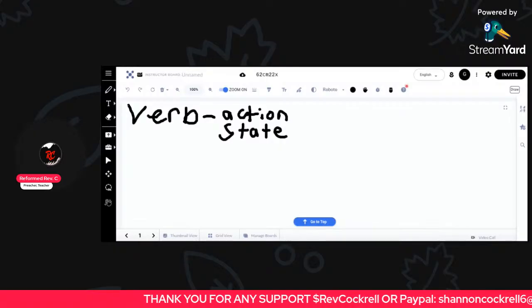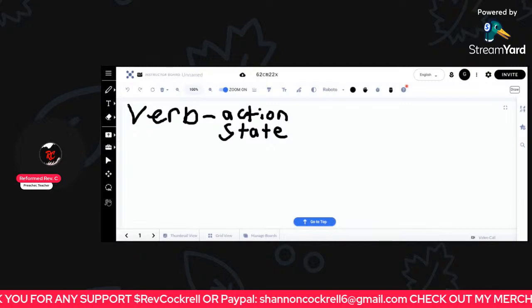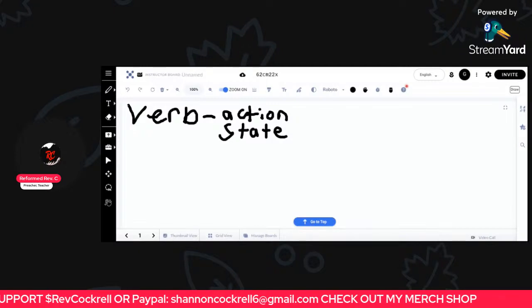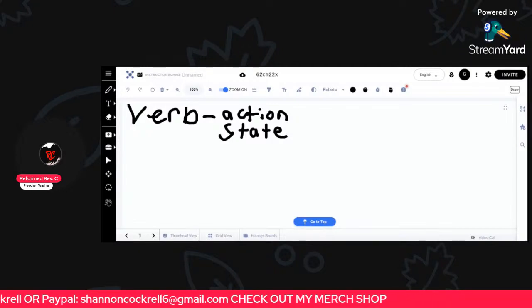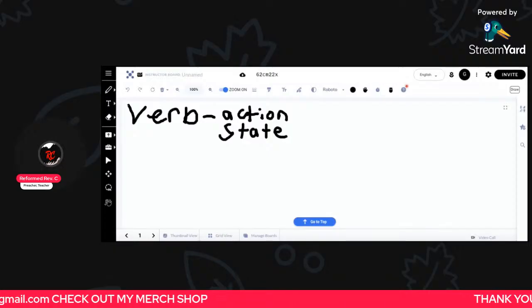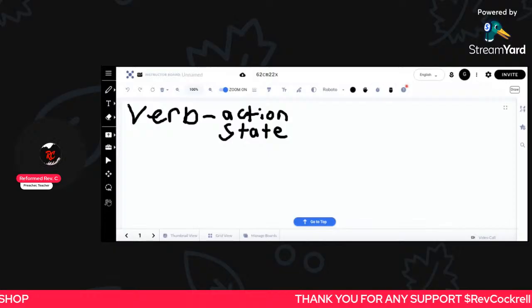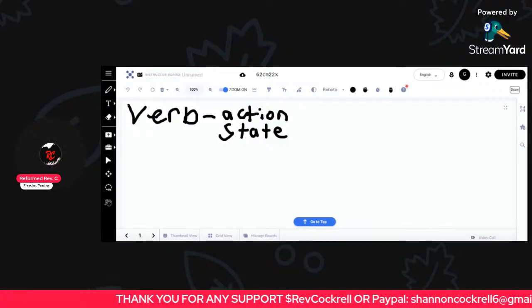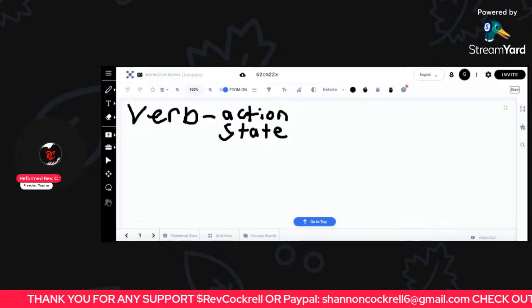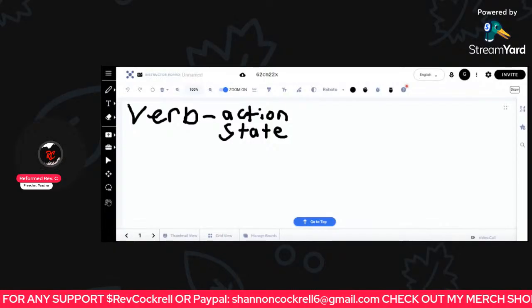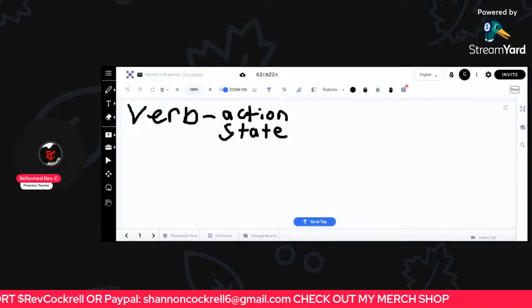So for example, I am an apostle. Am is the verb. That's a state of being. Or a verb can transfer that action from the subject to an object. I see an apostle. So then see becomes the verb, and apostle becomes the direct object.